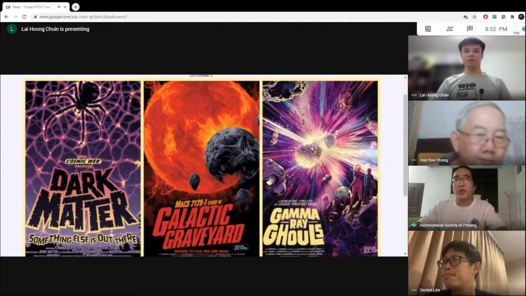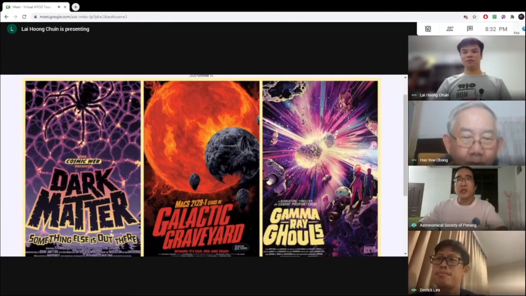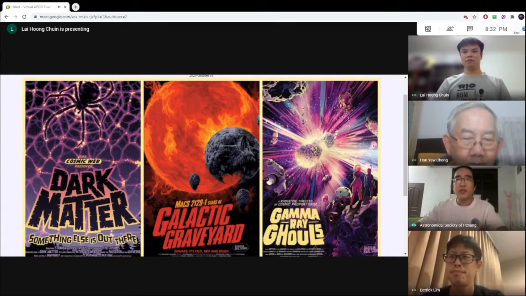In our APOD tour, we will go through selected photos and explain what they mean. Other than just looking at the photo, saying wow, very beautiful, and then forgetting about it, we are going to look into some technical details, theory, and interesting facts about the photos, so that we can learn something from them.